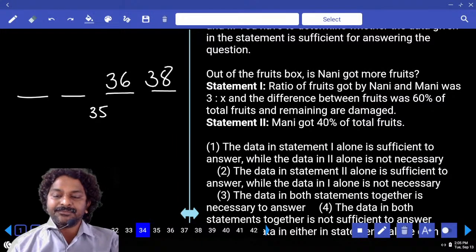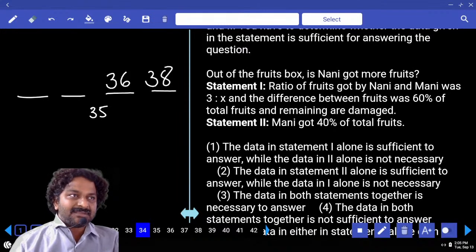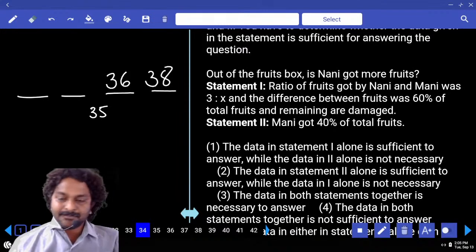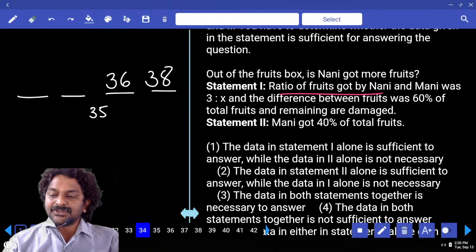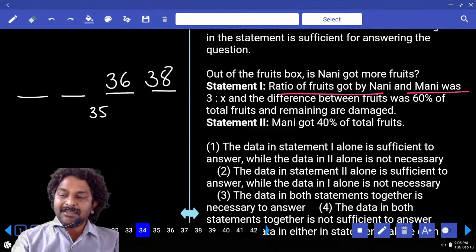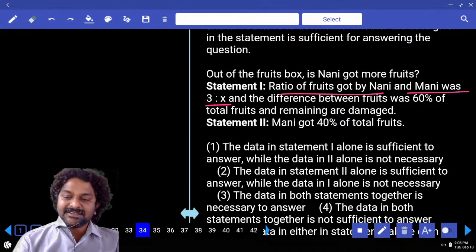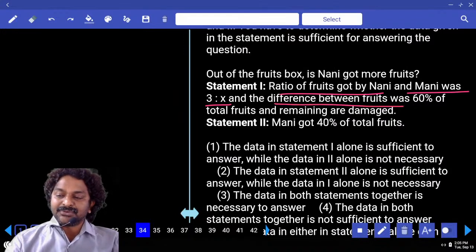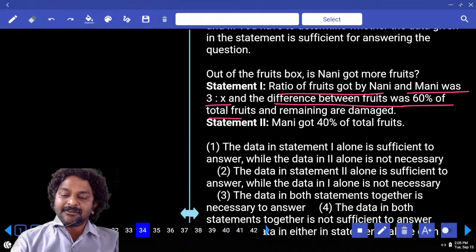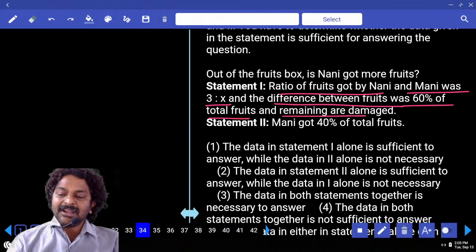Out of the fruit, did Nani get more fruits? Right. Your answer may be yes or no. The fruits got by Nani and Mani were in the ratio 3:x. And the difference between fruits was 60% of total fruits and the remaining are damaged. Right.